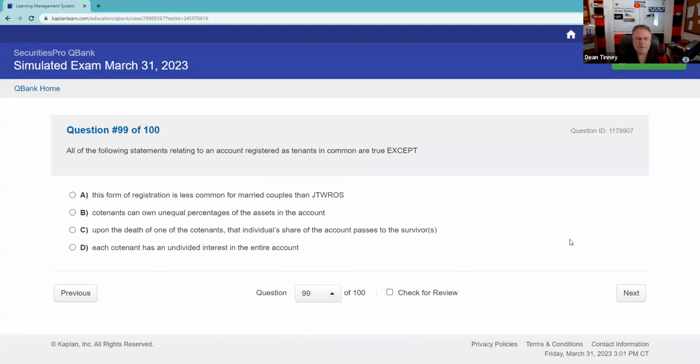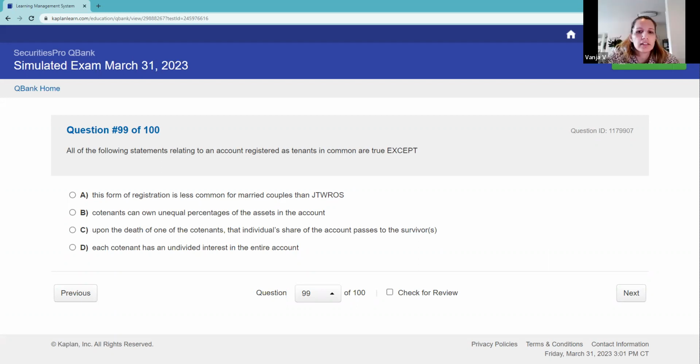All the following statements regarding an account registered as tenants in common are true, except: Registered tenants in common. This form of registration is less common for a married couple than joint with the rights of survivorship. Co-tenants can own an equal percentage of these assets in the account. That's true.